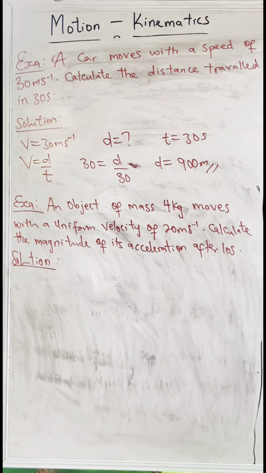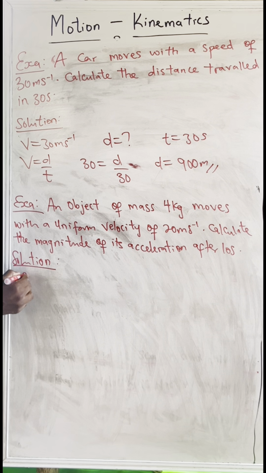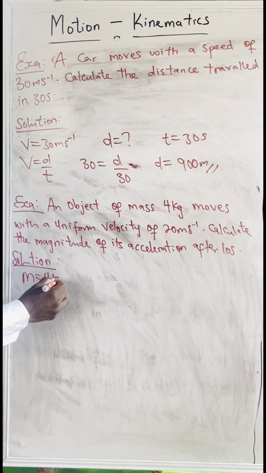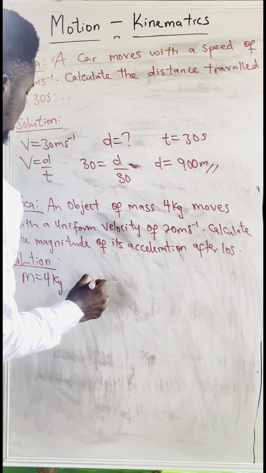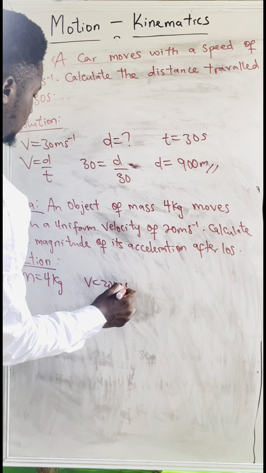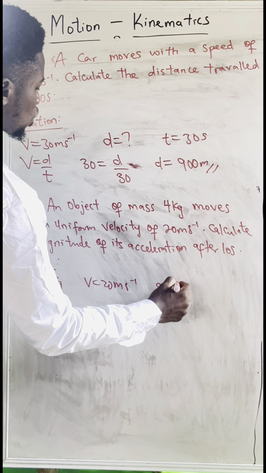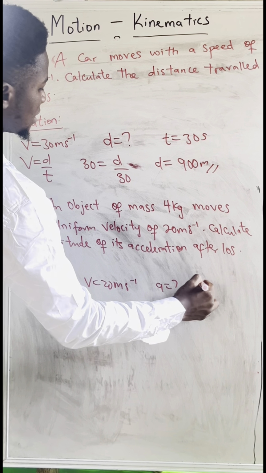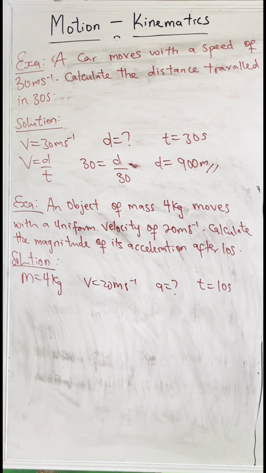So guys, in this example, the question is: an object of mass 4 kg. Write the mass m is equal to 4 kg. Moves with a uniform velocity of 20 meters per second. The velocity is 20 meters per second. Calculate the magnitude of its acceleration. We are looking for a question mark. After 10 seconds, the time is what? 10 seconds. So guys, in this particular question, what we are looking for is the what?